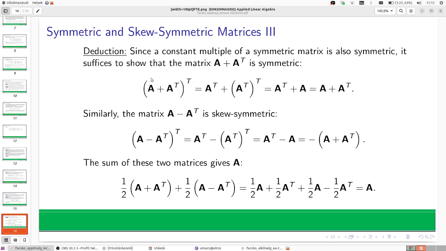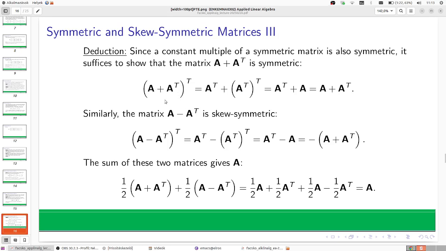And the deduction of this is quite simple. You start from the other side. This is what we want to check. This is one term from it, and to be symmetric, its transpose must be the same.